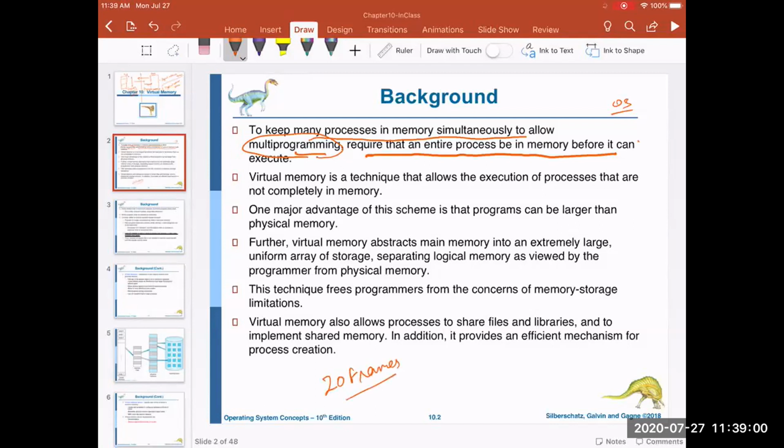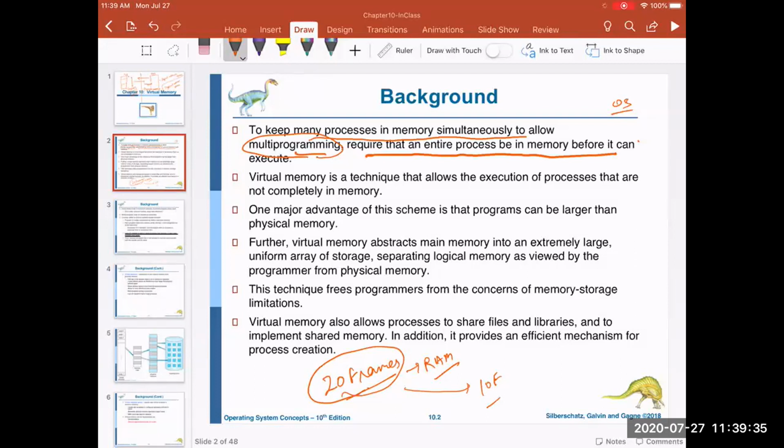This statement says I have to keep all these 20 frames in RAM, but the virtual memory concept says we need not keep all these 20 in the RAM; let's take just 10 frames. Whatever is needed for a program to be executed, only those would be called, because now we have divided the program into frames. We will be calling the frames which are needed, and we will not be calling the frames which are not needed.